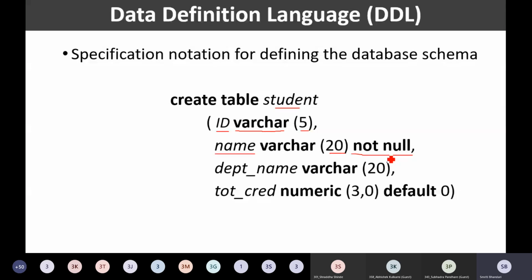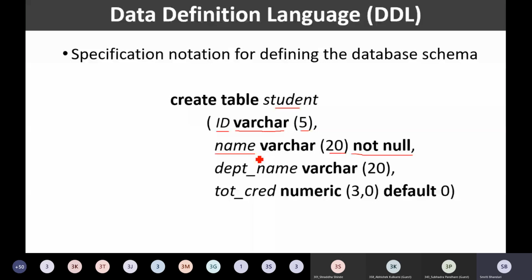So I want to validate that if the user who is inputting the data does not input a name, my database system will give an alert. Unless and until the user inputs the name, it will not proceed further.